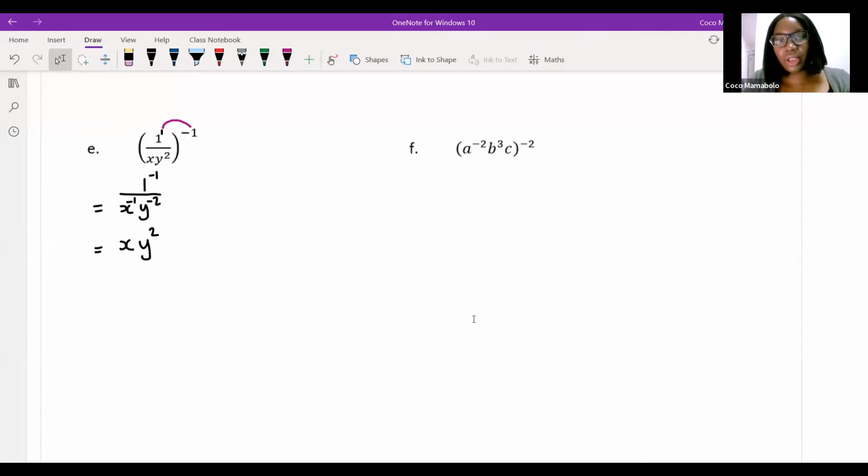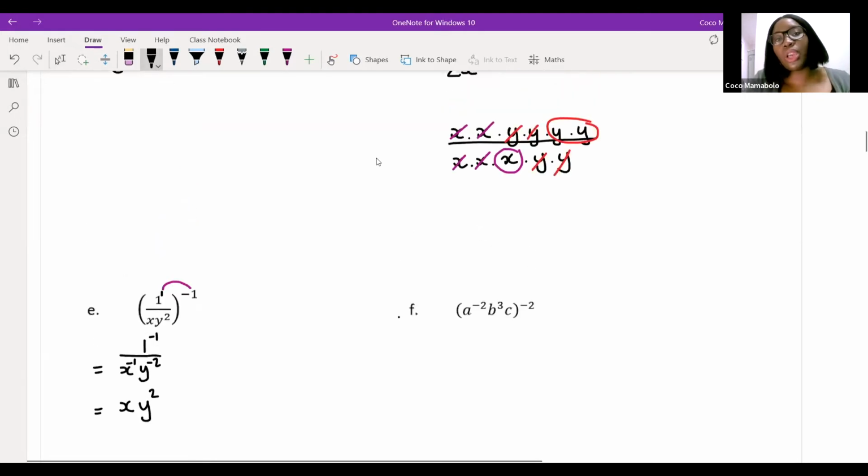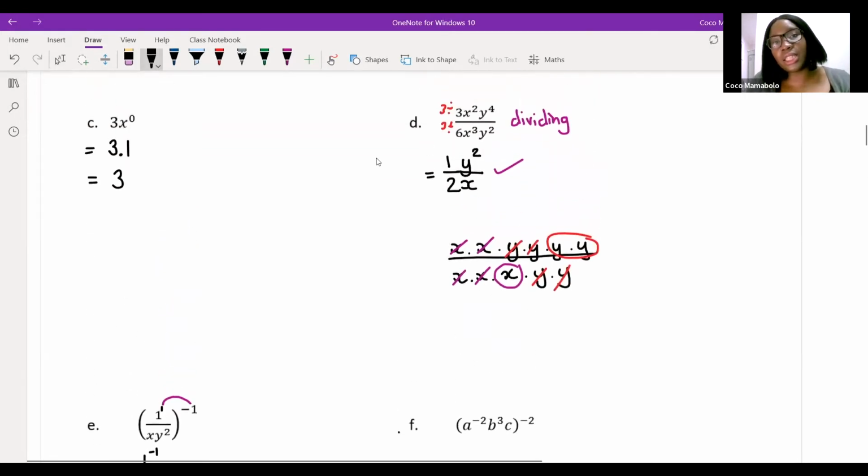Ma'am, I would like to ask, is it wrong if you say 6 divided by 3 for D? Inga, it depends. Did you end up with 2y squared over x as an answer? Because if you did, then yes, it's wrong. Because the 6 is in the denominator, we need to divide by 3 with it in the denominator.